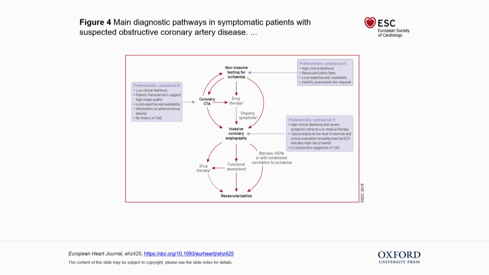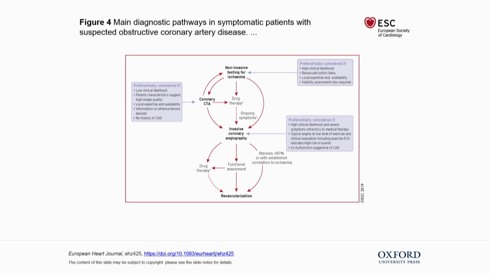So basically for the new guideline, any patient who has low clinical pretest likelihood or even moderate, and obviously a patient you think you can get good images and you have local expertise, and you can assess the atherosclerosis burden, which we're going to talk about, is very important.